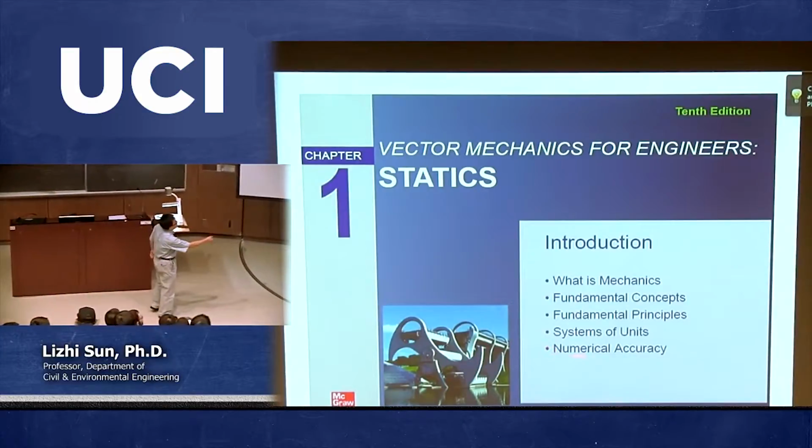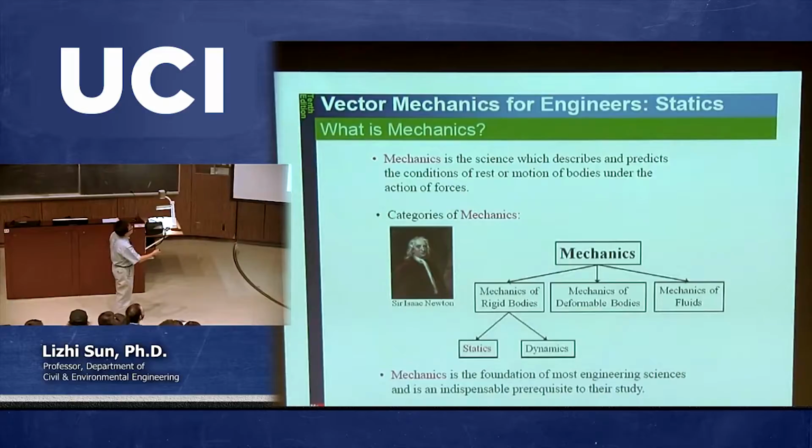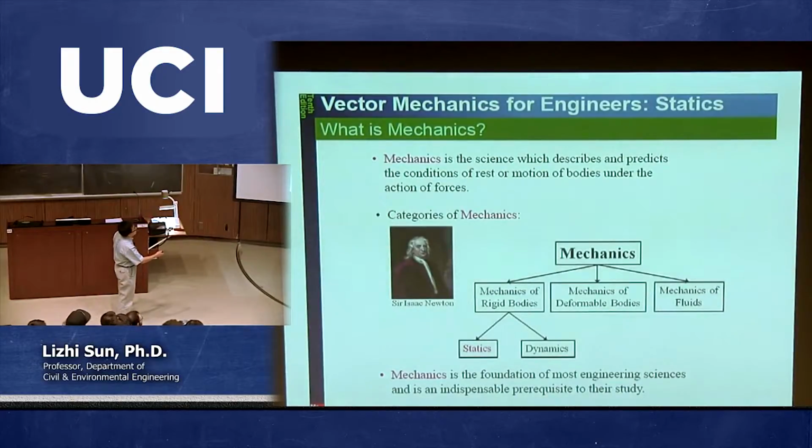That is what we call the last part, numerical accuracy. But since I just used this slide, I'm going to tell you now, most likely you are going to take dynamics with either CEEMAE30 or MAE30, right, next quarter, because we offer that one.